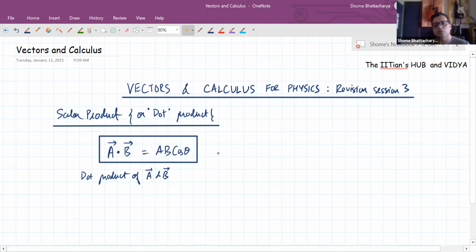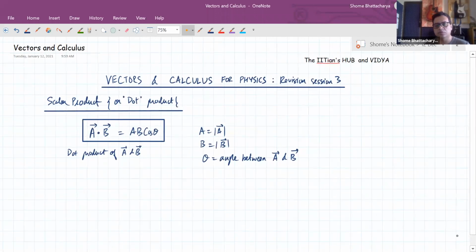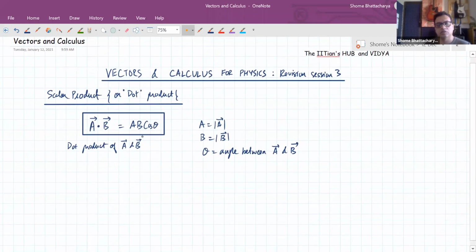So this is the formula or the definition, where A is nothing but the magnitude of the vector A, capital B here is the magnitude of the vector B, and theta is the angle between the vectors A and B. Let's discuss some of the important properties and features of this particular vector operation.